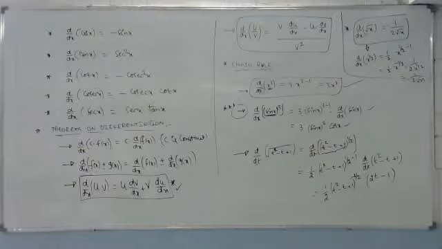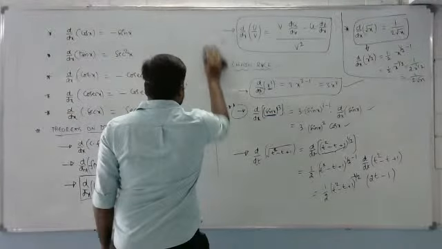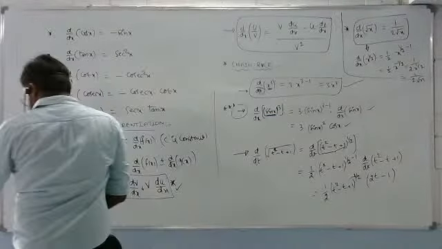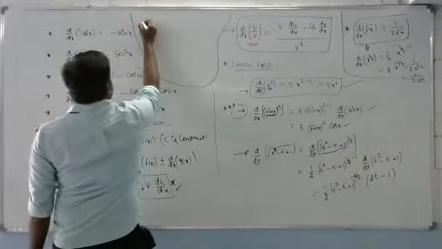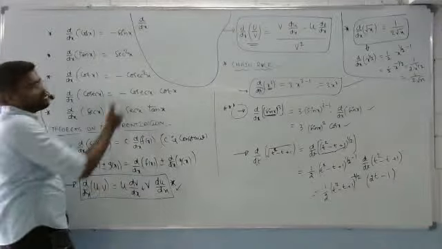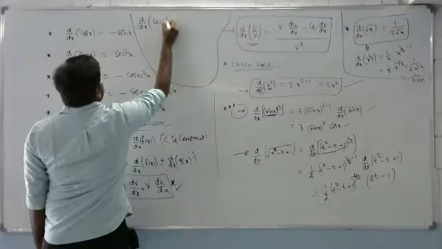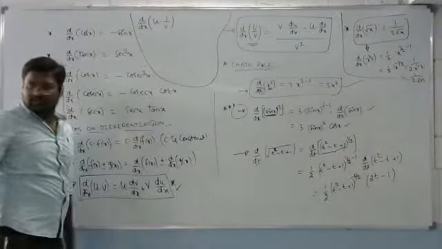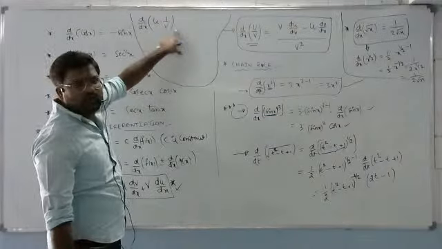Okay, good. I'll just clear your doubt. Vishal has got one doubt. He's asking for this formula. Can't we use this formula only? You can. According to Vishal, you want to write d by dx of u by v as u into 1 by v.